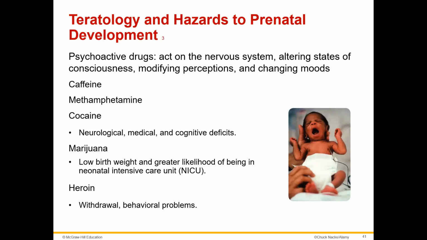One of the most common treatments for heroin addiction is methadone. And the thing is that that's associated with a lot of severe problems as well with infants. Methadone is associated with very severe withdrawal symptoms in newborns.